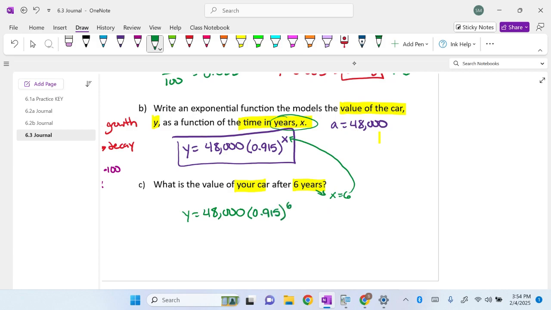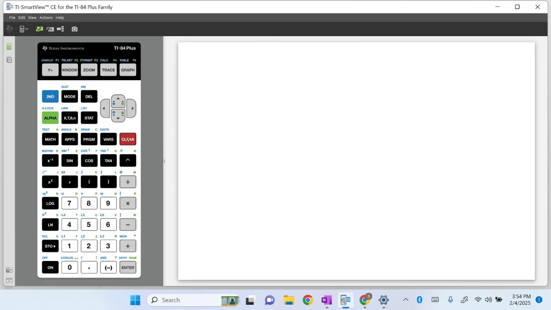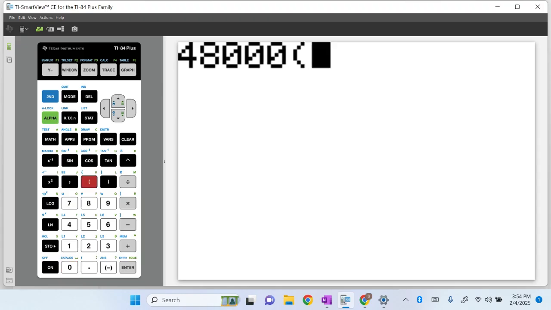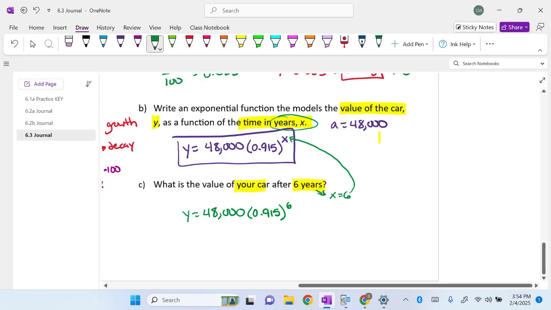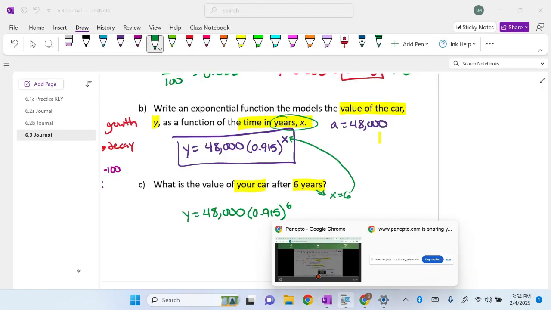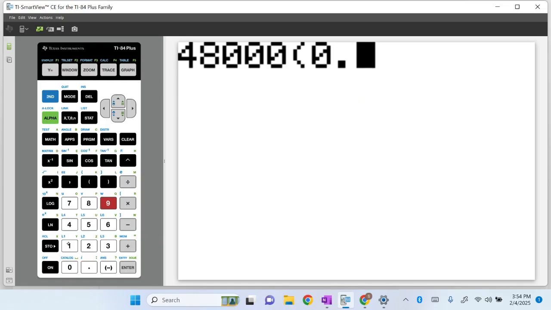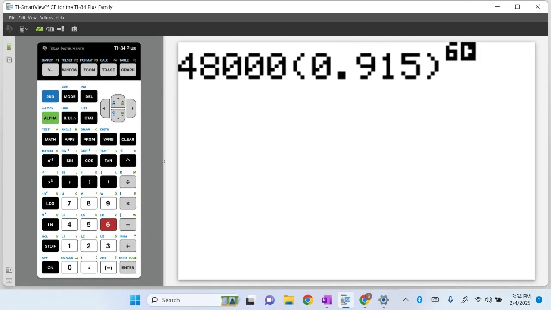And you can just put that straight into your calculator. So I have 48,000 times 0.915, all raised to the 6th.